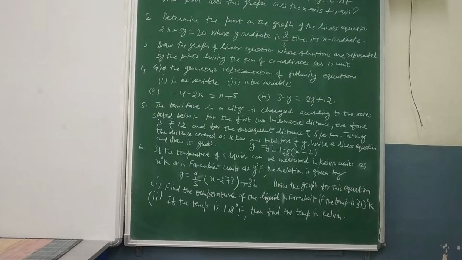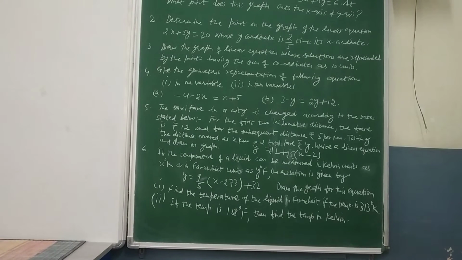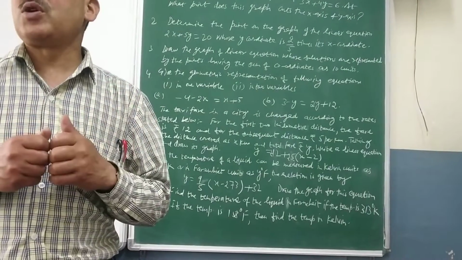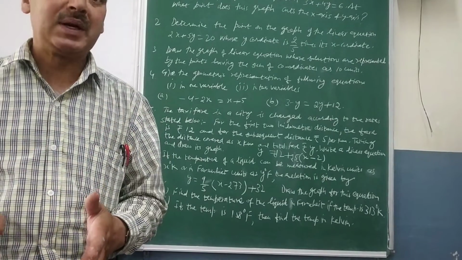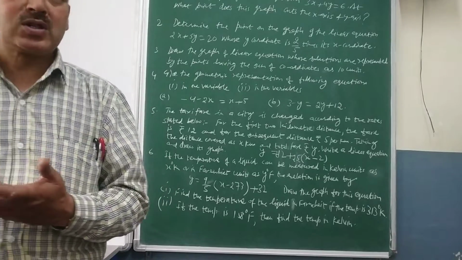Another question I am missing here was somewhere from the physics numerical point of view. The question was based upon work done, and you know work done is equal to force into displacement. Unless displacement takes place, work is not said to be done.